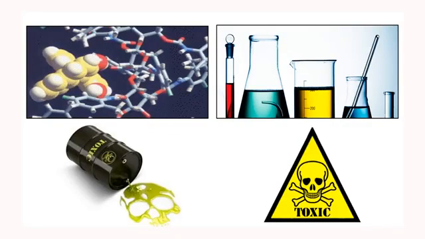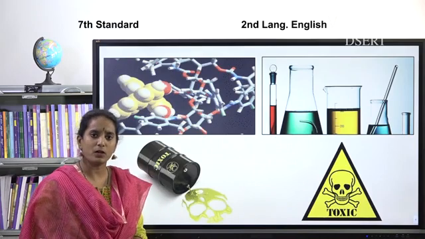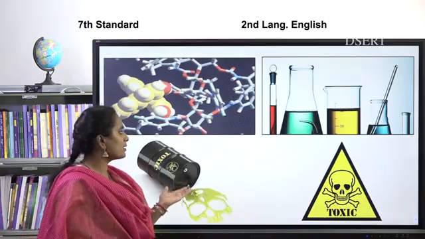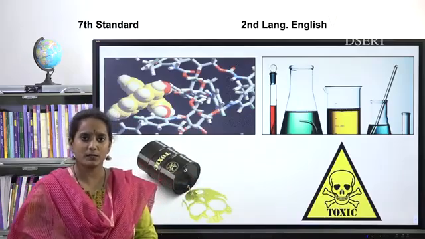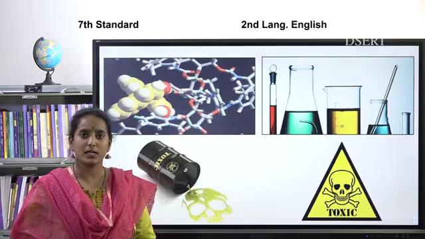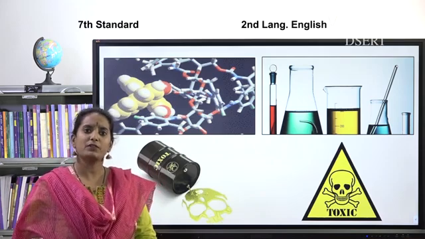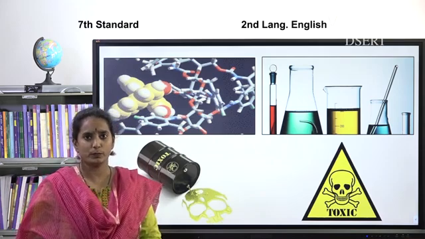The chemicals that are used in the manufacture of plastic are all toxic. What do you understand by toxic? Toxic means poisonous. These chemicals are all very poisonous. So when we use these plastic, it will affect our health. Plastic has affected our food chain too.